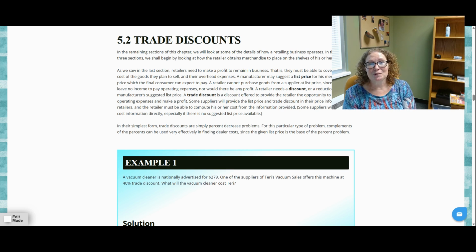If the list price is a certain amount, this is how much the product should sell for. If it's supposed to sell for 25, I don't want to pay 25 for that product. I want to pay something less so that I can make a profit. That's where you get the trade discount.